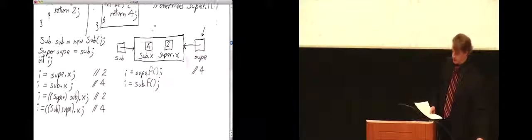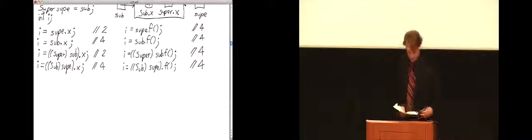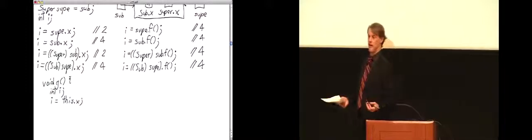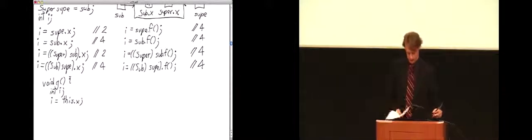And g looks like this. If I say i equals this dot x, and this g is being called on a subclass object, so this has static type of the subclass, I'm going to get a 4.